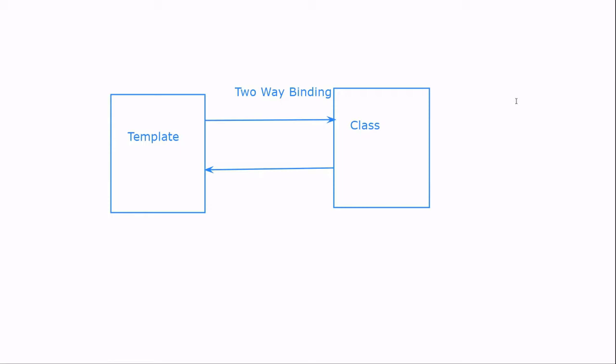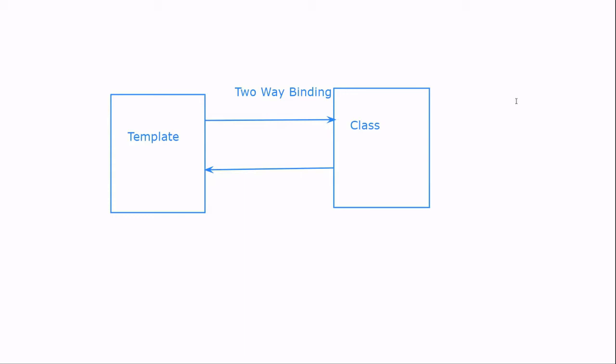To keep the form and model consistent, it is a huge headache to write our own code or functionality so that the property stays in sync, and whenever changes are made in the view they get reflected in the class, and whenever the property changes in the class it is reflected in the form. This is a lot of headache.